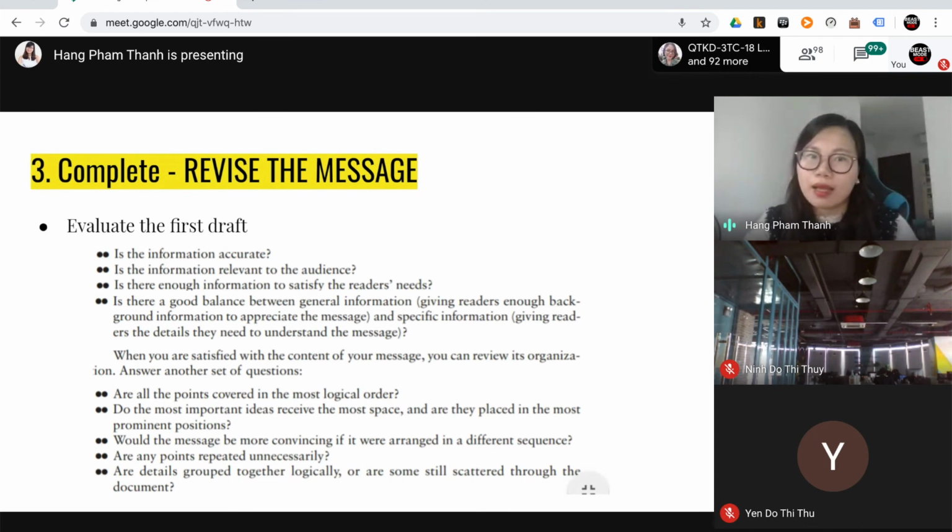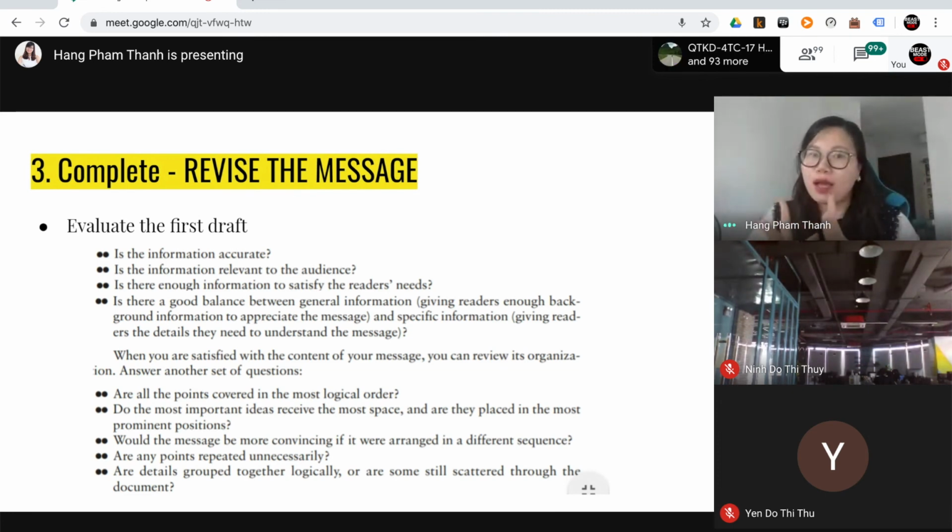Okay, then you also need to review the organization of the ideas. For example, are all the points covered in the most logical order? I find this point really a problem for many students. They have a lot of good points, but the way they organize them is not logical at all. So you should always ask yourself, is there any better, more logical way to place and sequence the ideas in this writing?